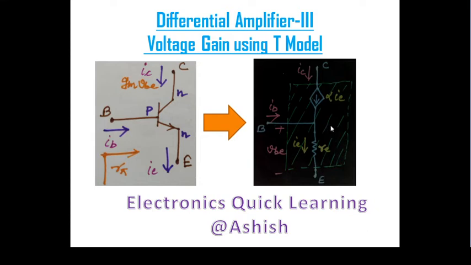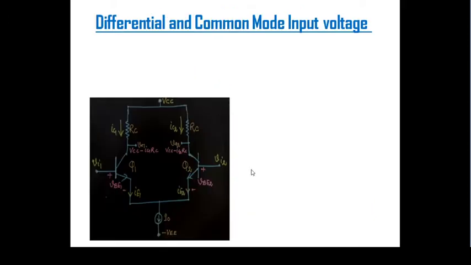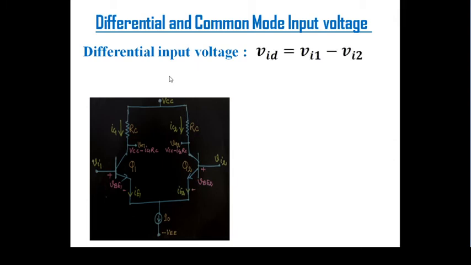First we have to know the circuit of the differential amplifier. This is the differential amplifier circuit, already discussed. Now we have to think about some basic concepts. For example, the differential input voltage, Vi1 minus Vi2, is represented as Vid.